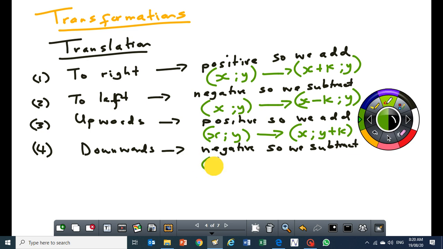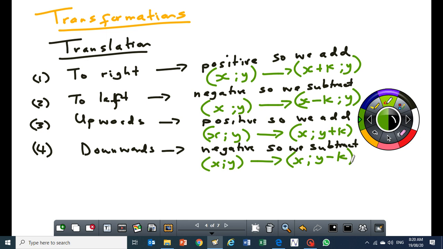If you have a point xy, you translate it by k units downwards, you end up getting a new point x, but y is going to be y minus k. And this is the one that I used for that question, because it was a downward translation. So I subtracted.